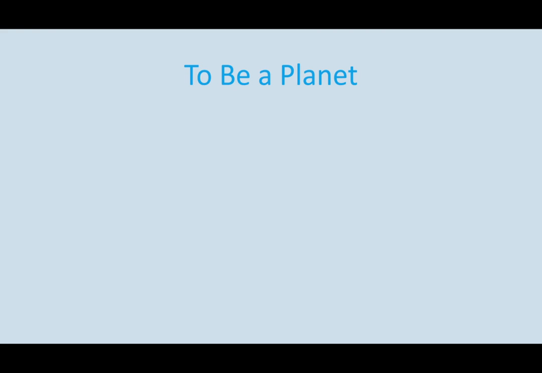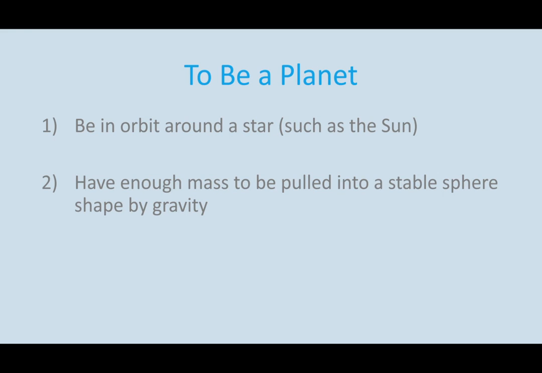Before we look at the planets in our solar system, we're going to look at specifically the characteristics that make a planet. The first one is that it needs to be in orbit around a star, such as the sun. It has to have enough mass to be pulled into a stable sphere shape by gravity, so it needs to be in a sphere shape.